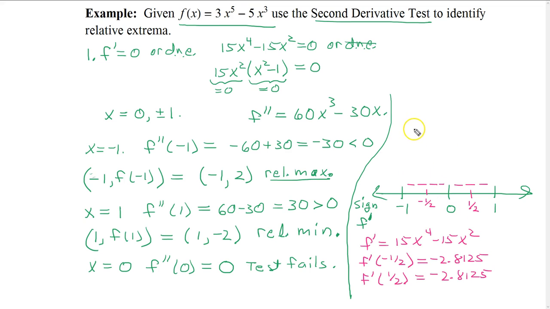So we'll put it over here: 0, f of 0 is 0, is neither a relative max nor minimum.